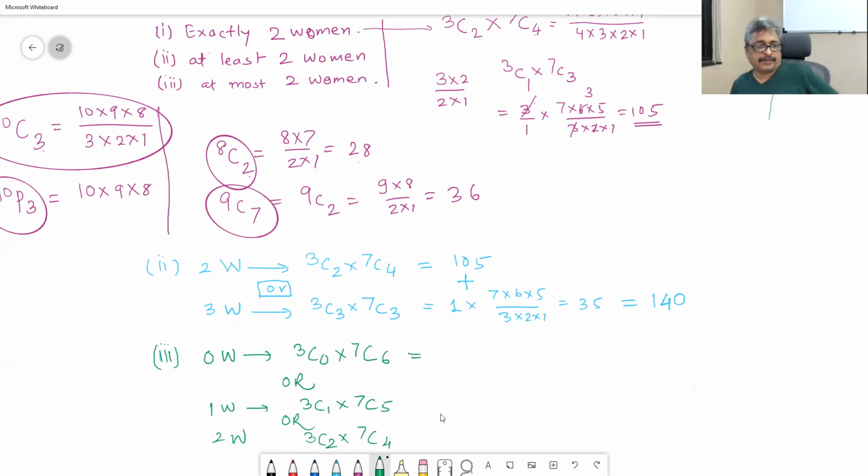What is this? 3 choose 0 is 3 choose 3, which is 1, into 7 choose 6 is 7 choose 1. Write 1 in the numerator and 1 in the denominator. That makes it 7. 3 choose 1 is 3 in the numerator, 1 in the denominator, into 7 choose 5 is 7 choose 2, 7 into 6 upon 2 into 1.